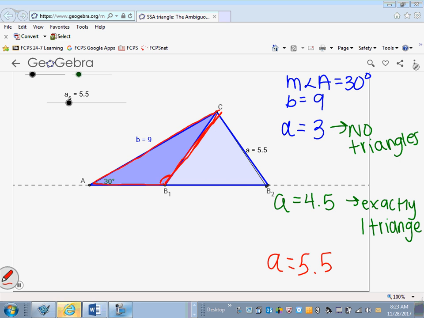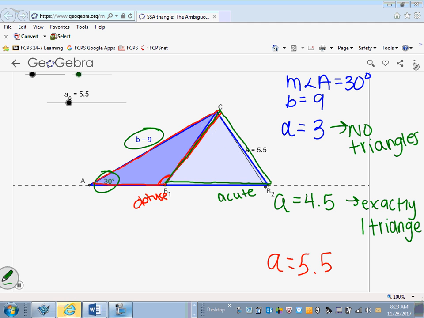Notice that triangle is an obtuse triangle because it has an obtuse angle. Okay, if you swing side A over here, we create this acute triangle using that same angle and that same side that we used at the beginning.